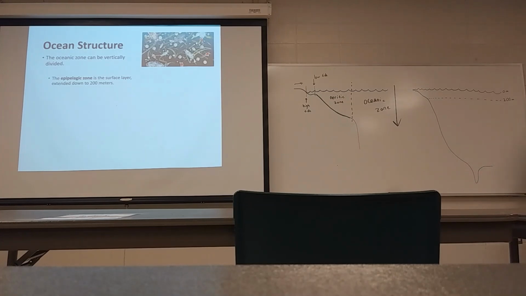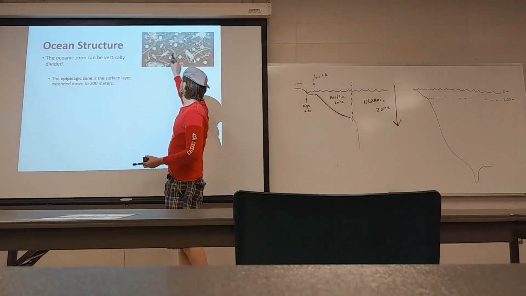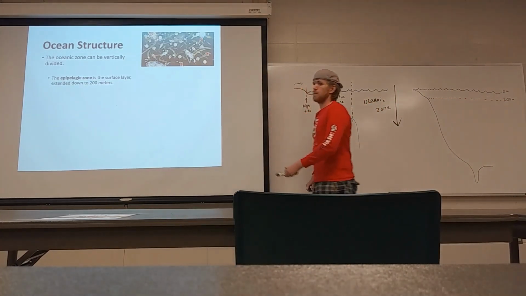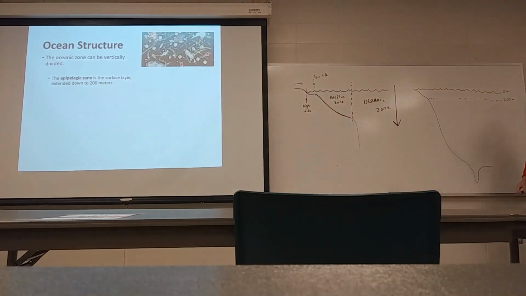A meter is somewhat similar to a yard, so we're talking about 600 feet. 0 to 600 feet. Right? In the epipelagic zone, this is where you have plankton, like we see here, that floats with the ocean currents. It's where you've got obviously the greatest light penetration, and since a lot of those plankton conduct photosynthesis, they have to be up here to get adequate sunlight.